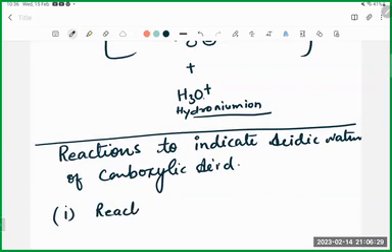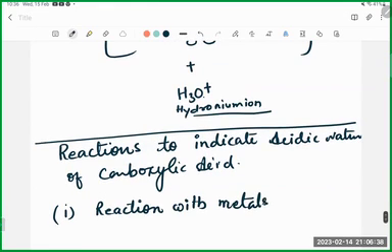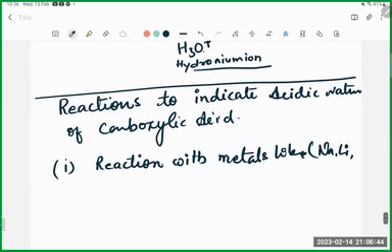So one reaction with a metal can be shown. When we say metals, we have many options: sodium, potassium, lithium.